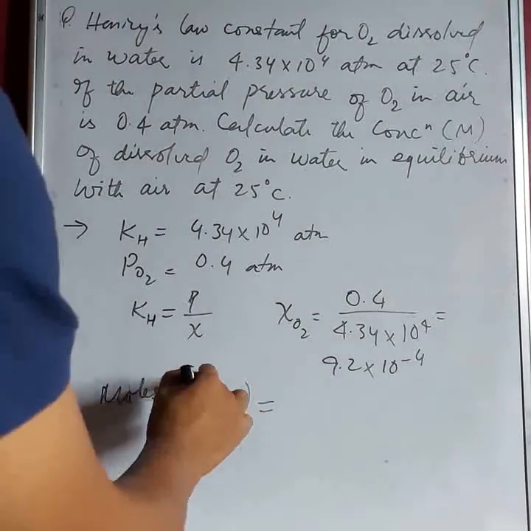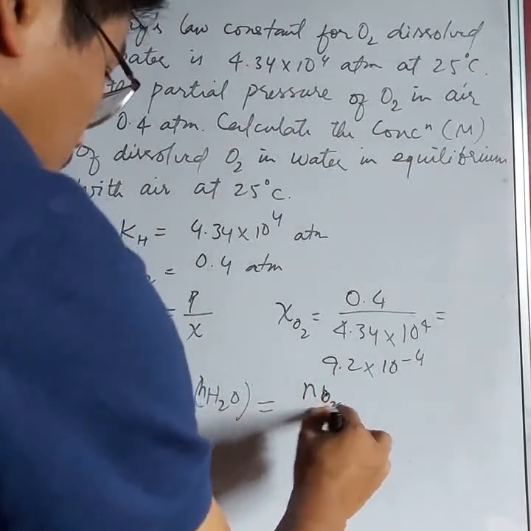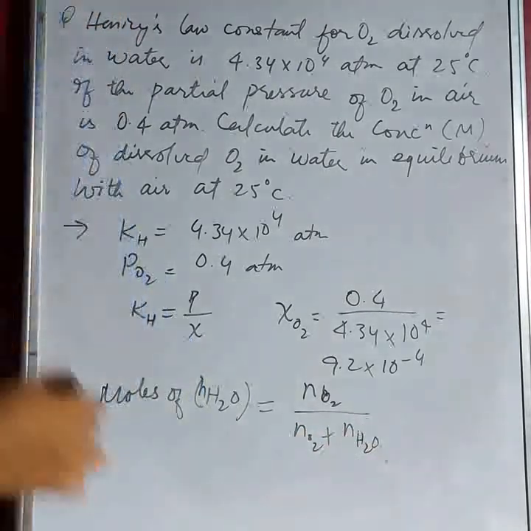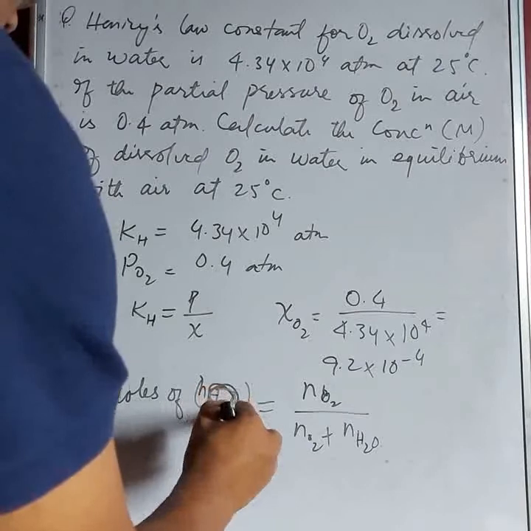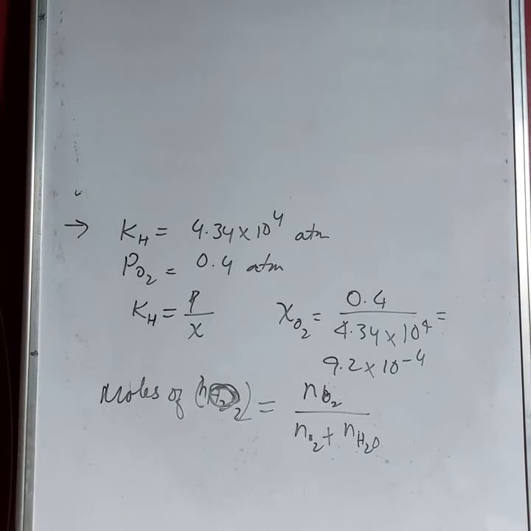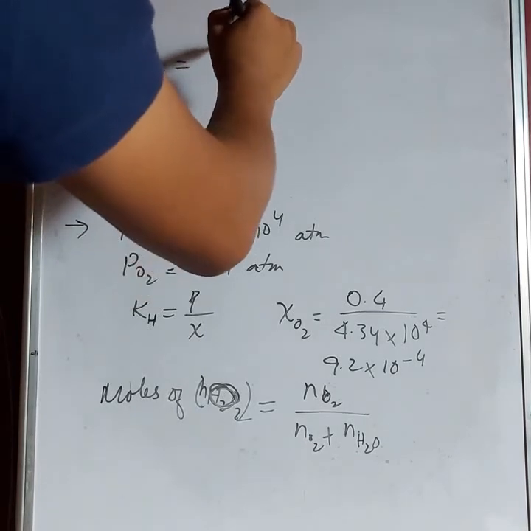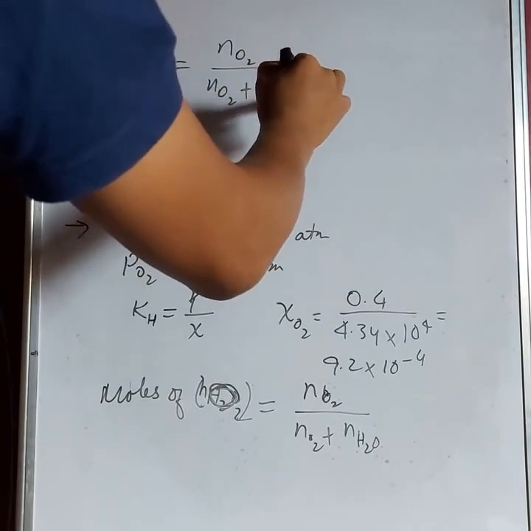Mole fraction of oxygen is equal to the number of moles of oxygen over the number of moles of oxygen plus the number of moles of water.